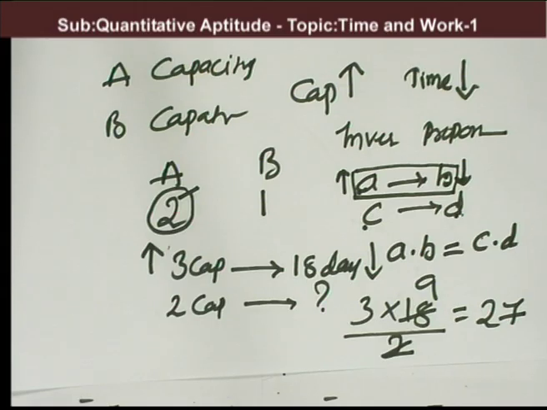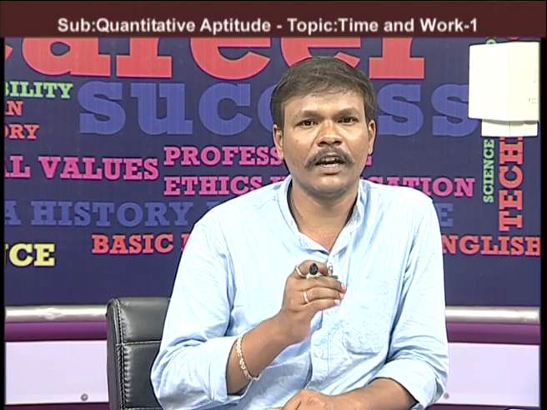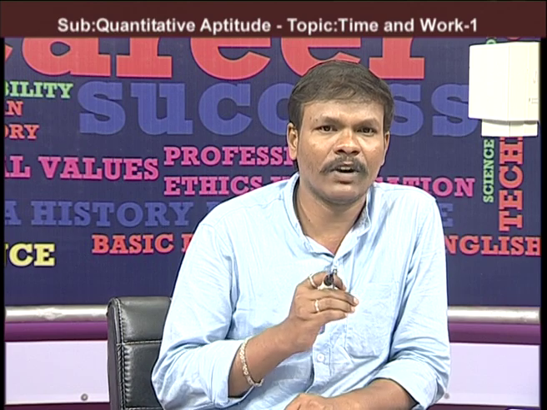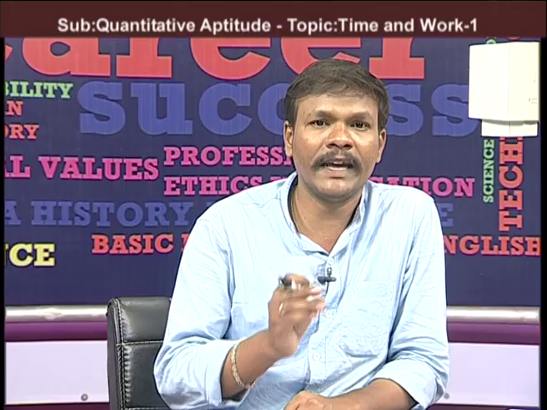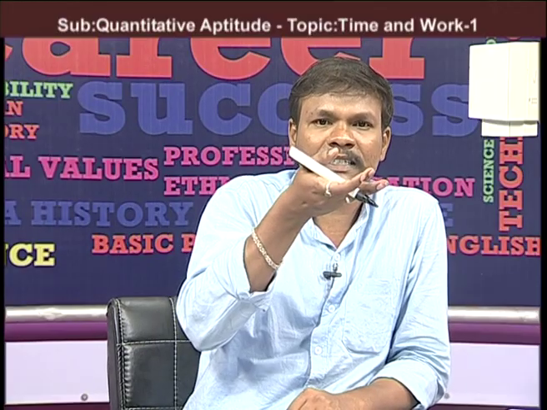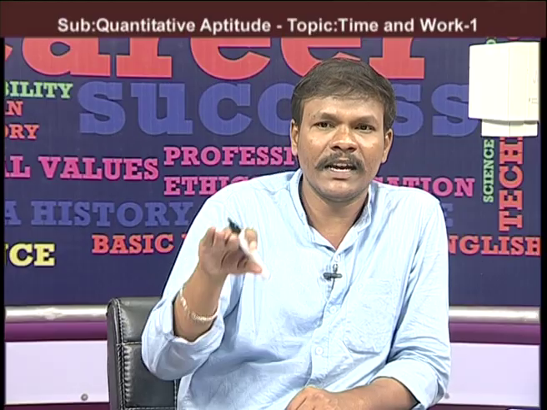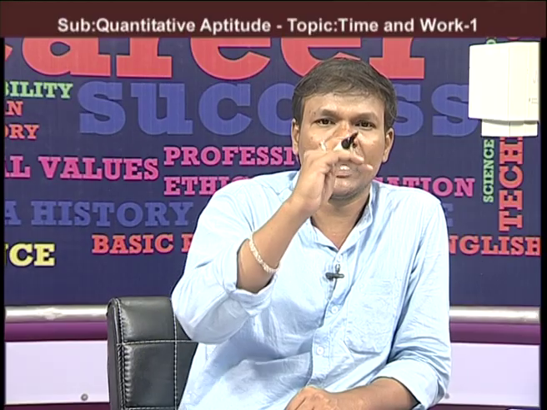So, we have to remember that this is another concept from what we discussed before. What is that concept? The capacity of working men is inversely proportional to the working days to complete the work. So, as the capacity increases, the working days to complete will decrease. When one quantity is increasing, the dependent quantity will be decreasing.